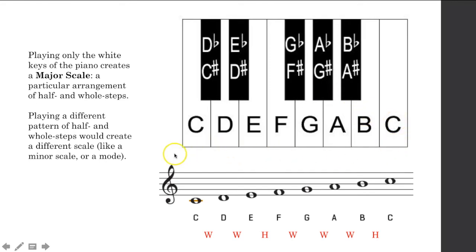So it ends up sounding much more dramatic. A lot of times minor scales are used to underscore sad moments. They're used for tension. And the difference here is really in the interval from the first note of the scale up to the third. And as you'll see, that's very important in chords as well.